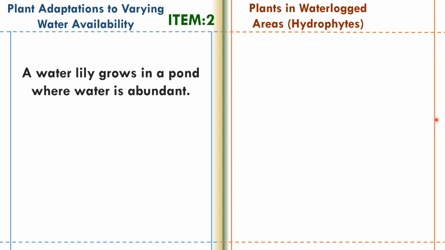Plant adaptation to varying water availability. Item 2. Plants in waterlogged areas. These are hydrophytes. A water lily grows in a pond where water is abundant.